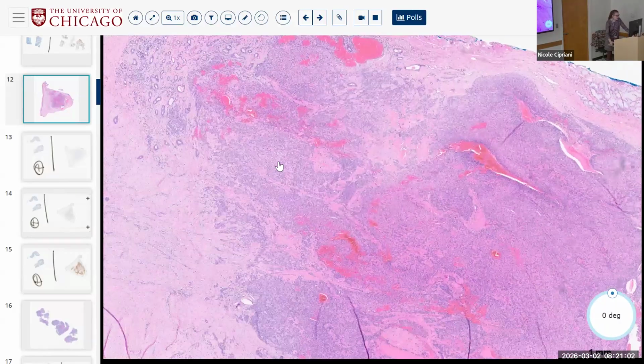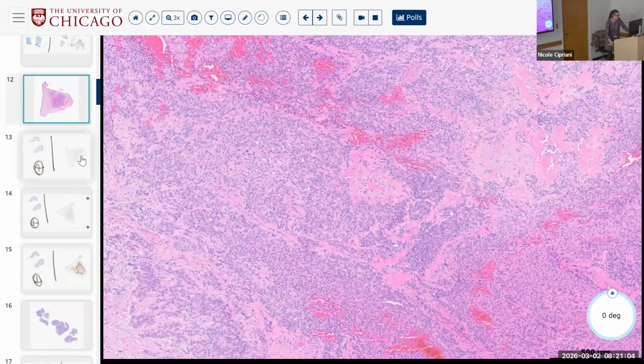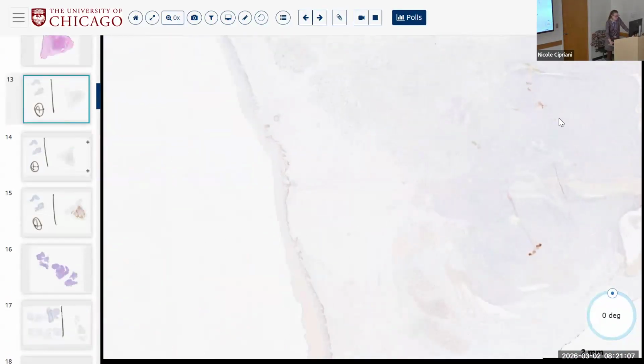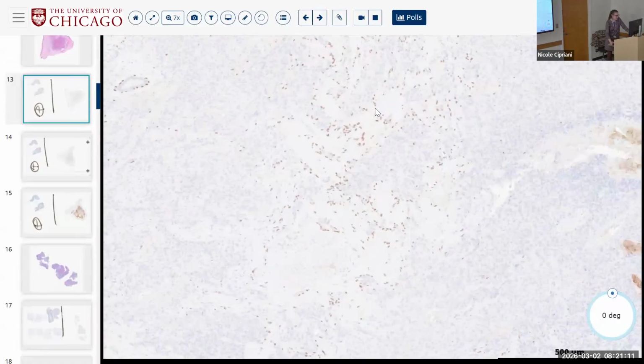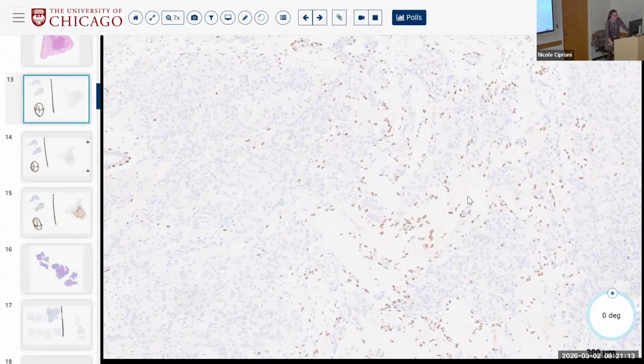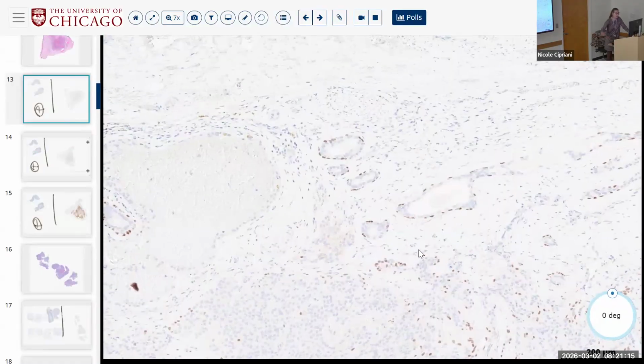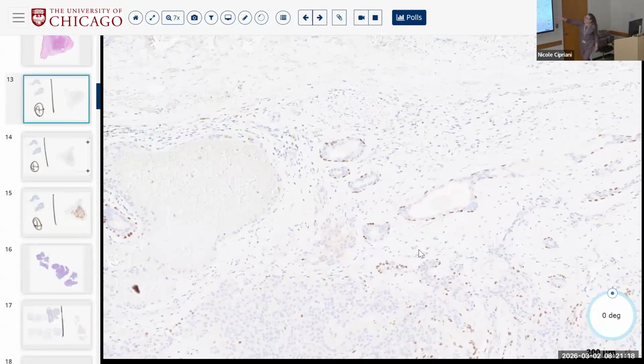And so if you wanted to repeat those stains on the resection with your P40 and your c-KIT, you'd find similar findings, where your P40 has this ramifying pattern. However, right now at the edge, you probably have some normal ducts with a very clean architecture.